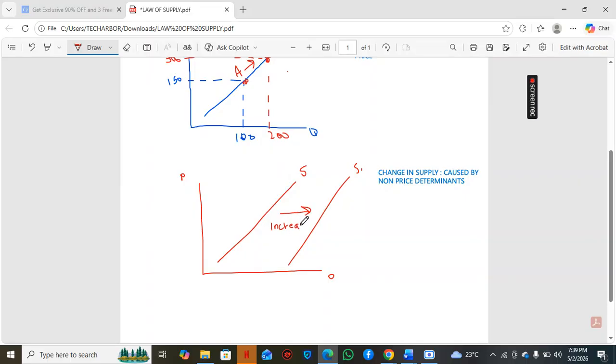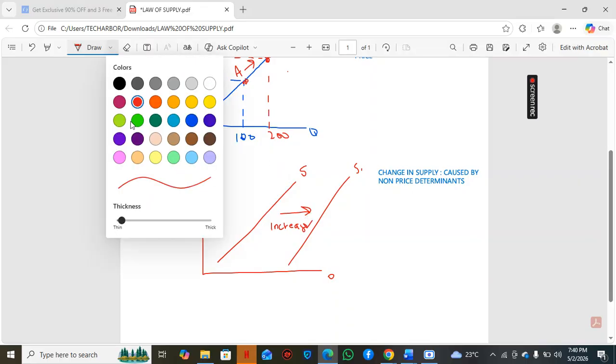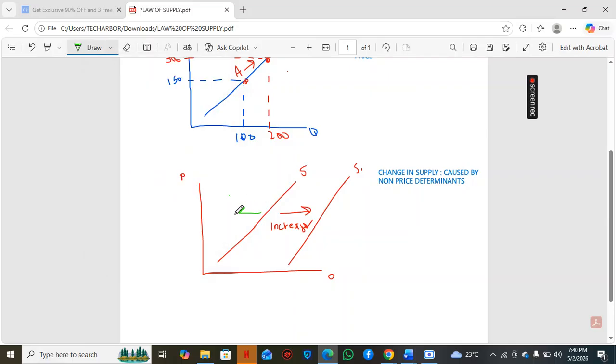Then if it shifts to the left, this is a decrease. So we have to look at what are the factors that can cause these changes.